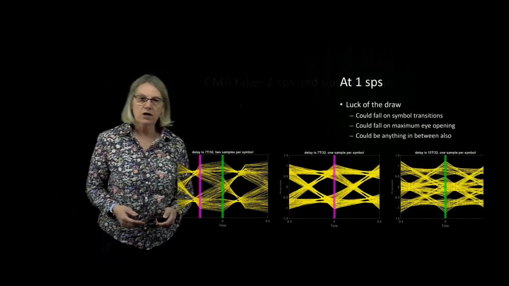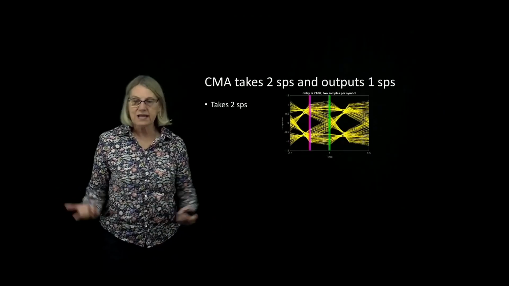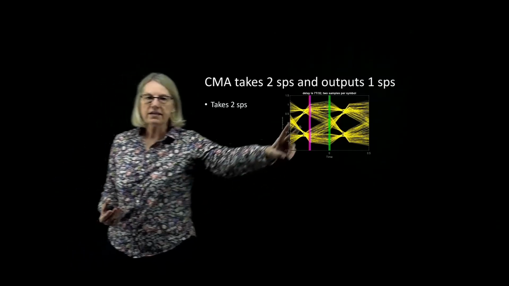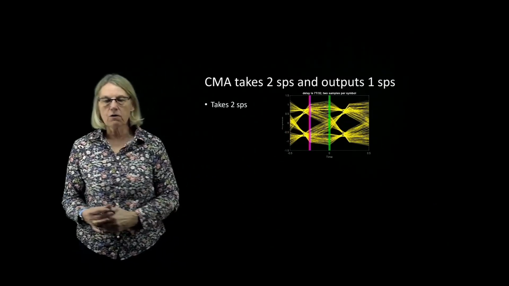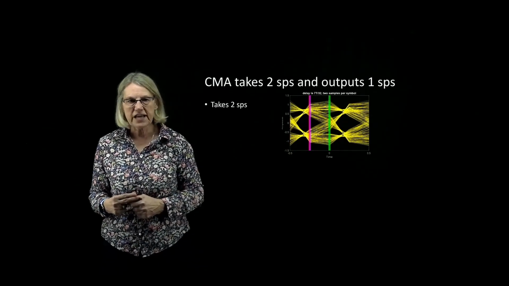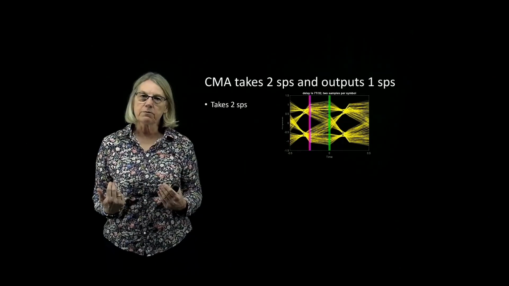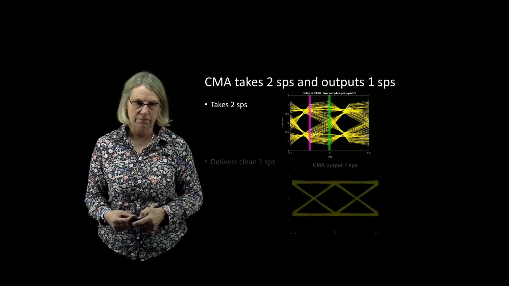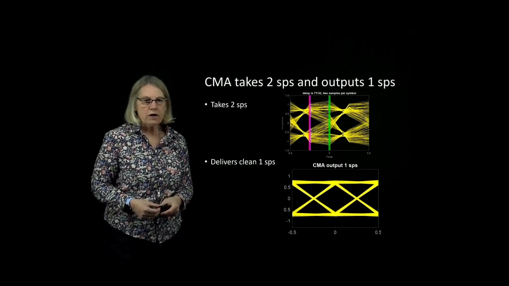So we're going to go on and see what CMA does with these 2 samples per symbol. It takes in the data that you process from the RTO, these continuous time samples that were saved, and it takes in the 2 samples per symbol, and it returns to you a signal at 1 sample per symbol.